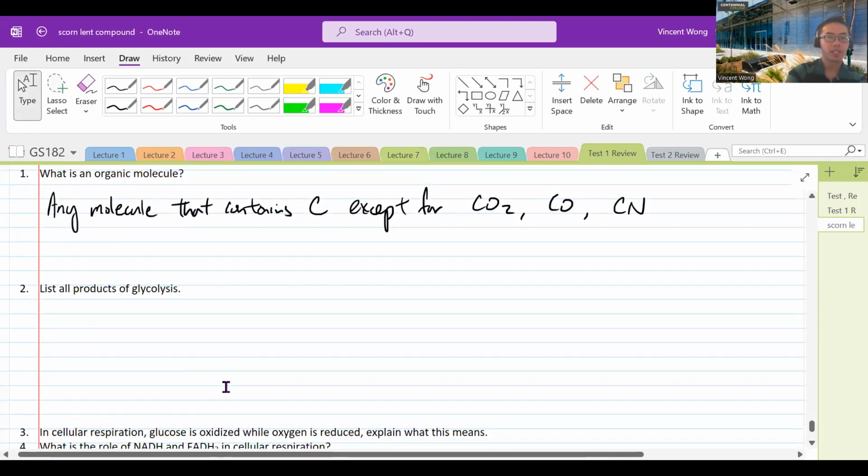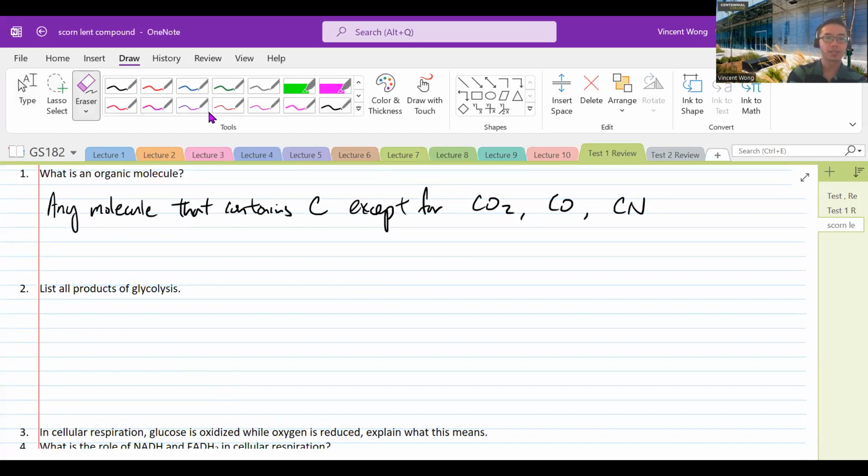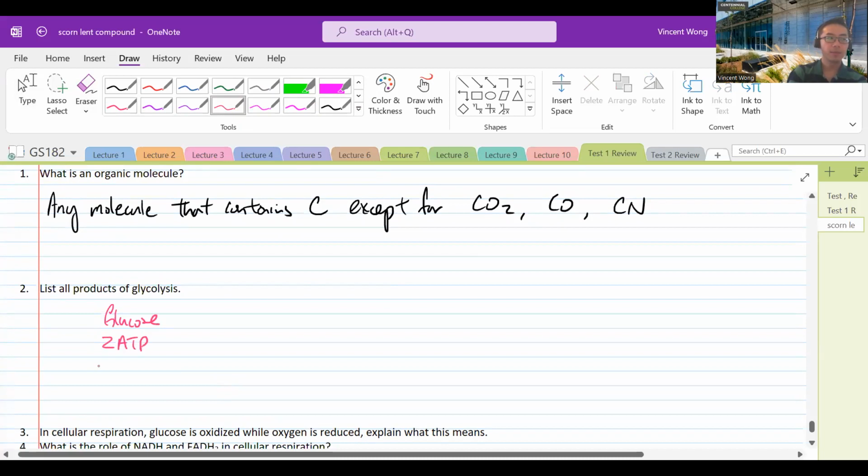List all the products of glycolysis. Okay, so we start with glucose. We're going to have to put in 2 ATP. We're going to have to supply some ADP and some phosphate, and we're going to have to supply 2 NAD plus. That's what we put in. So inputs.